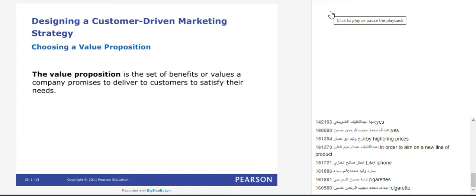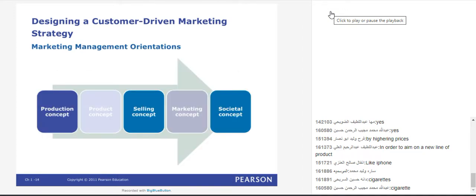In order to understand the customer driven marketing strategy, we have to understand something called marketing management orientation. This is actually how marketing was developed in the past.